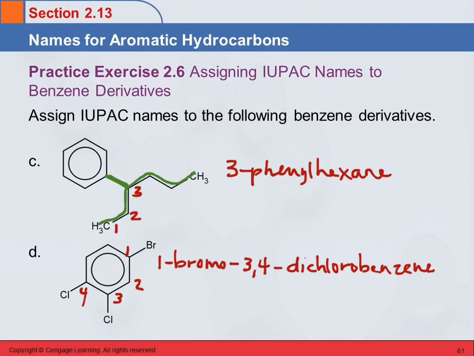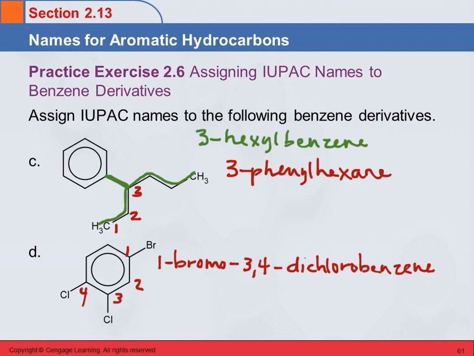What did they call it? They called it 3-phenylhexane. We could call it 3-hexylbenzene. That would be, I believe, another name for it. 3-hexyl because the hexyl group is attached at carbon 3. But here we have a 6-carbon piece and a 6-carbon piece. And so it could kind of go either way.